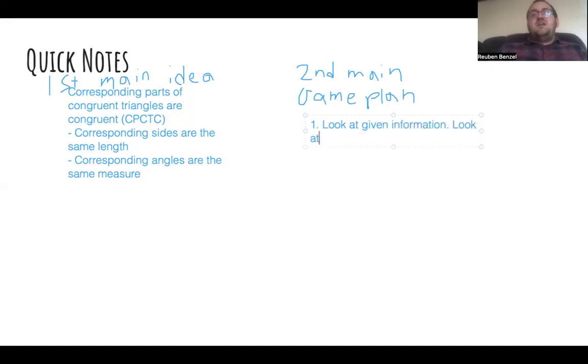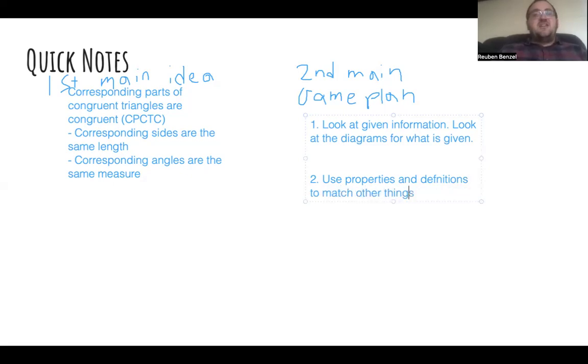You want to look at the diagrams for what is given. And even on the harder proofs, there's always going to be some information that's given to you. And then you want to use properties and definitions to match other things that are congruent to each other.